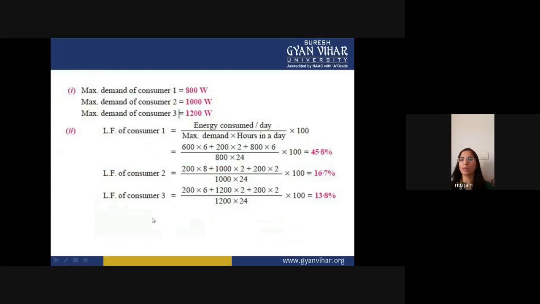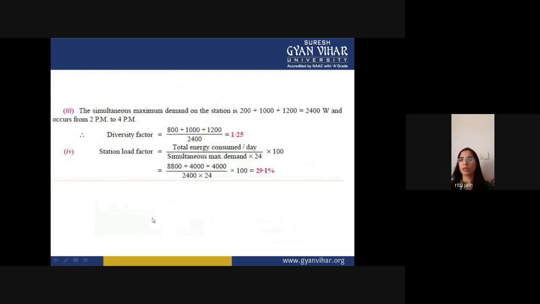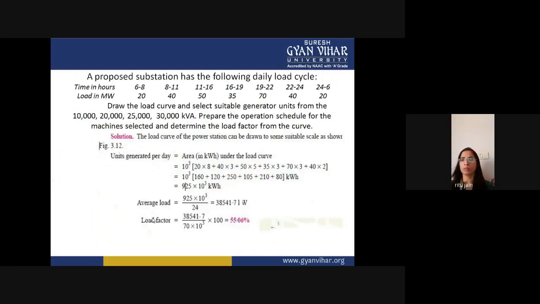So now I think it is clear to you how you can calculate your diversity factor, maximum demand, load factor, average load, energy, how much energy you are generating through the power station, and how we can plot the load curve and do the calculation from the load curve.